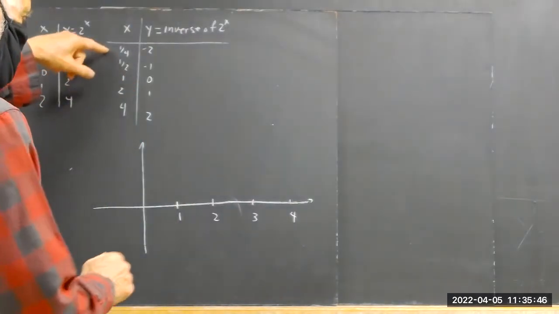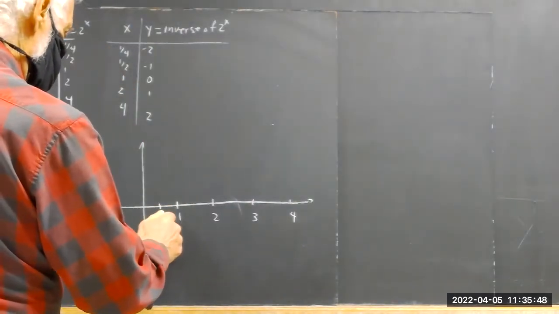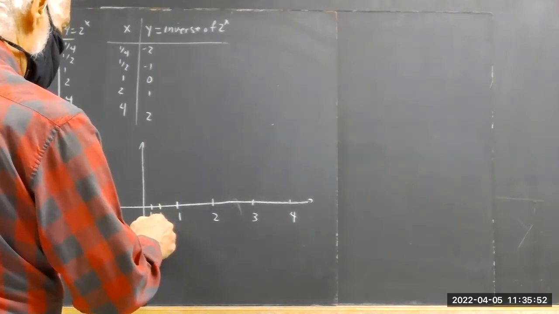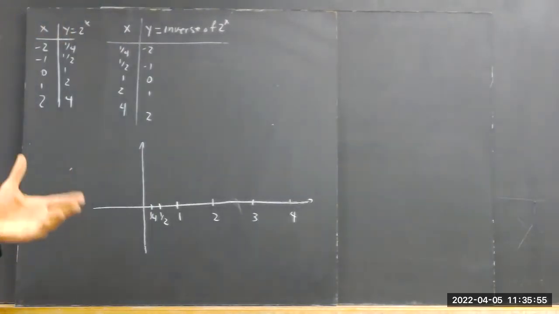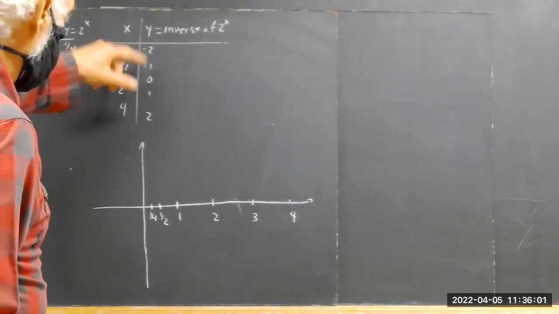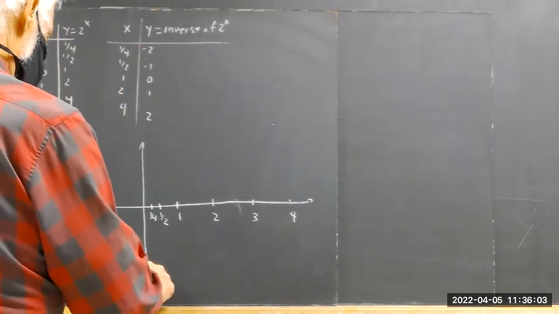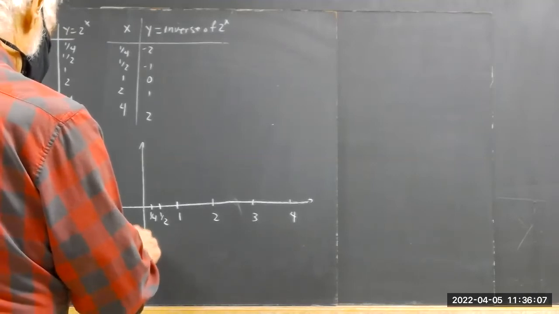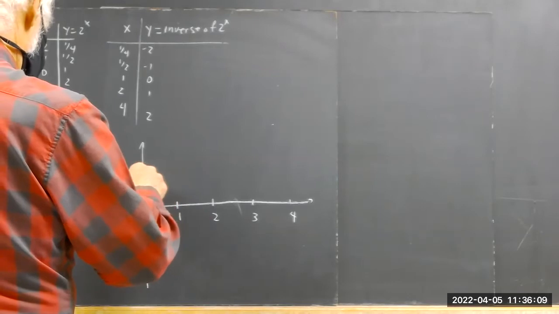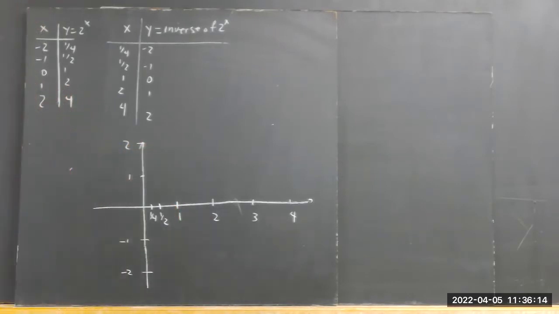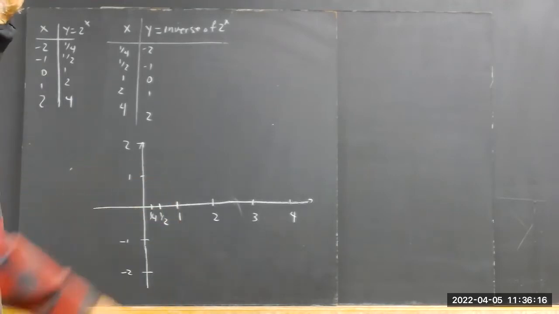And we're going to need 1/2 and 1/4. We want to locate these points very accurately. Our y values are going to go from -2 to 2. Okay. There we have it.